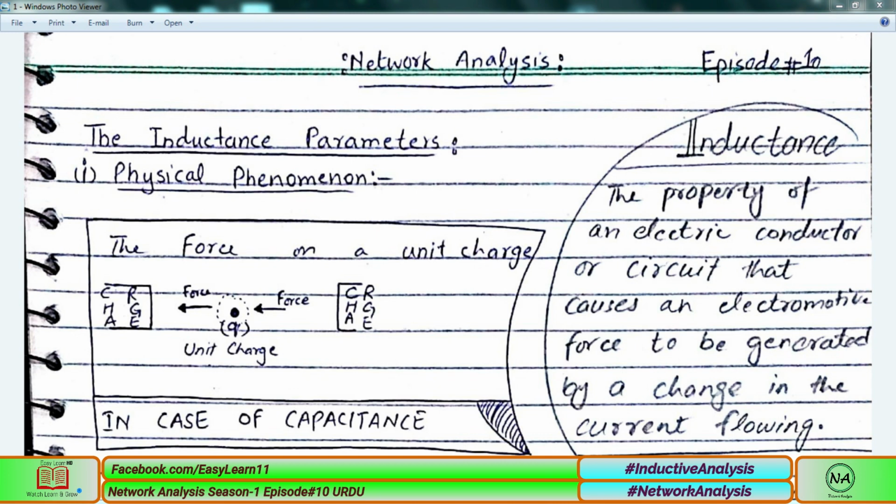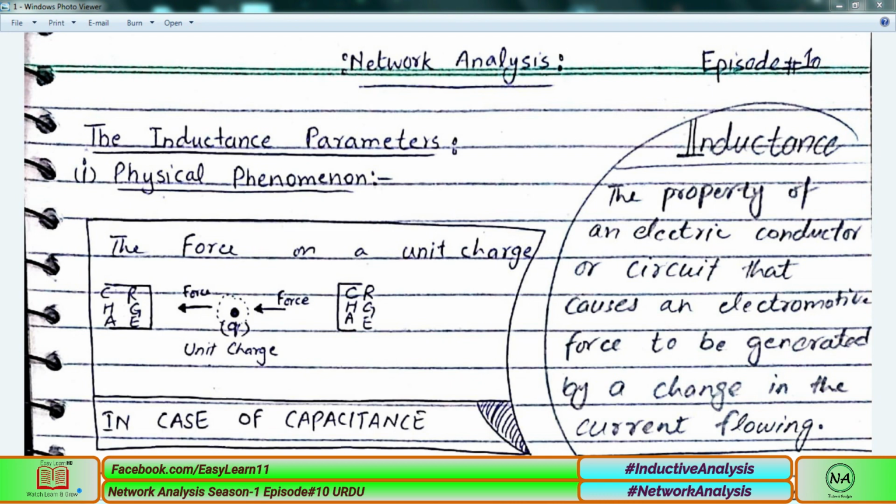The physical phenomena basically tells us about this very beautiful graph. This is a box that tells us about the story of the previous case, the capacitance physical phenomena.